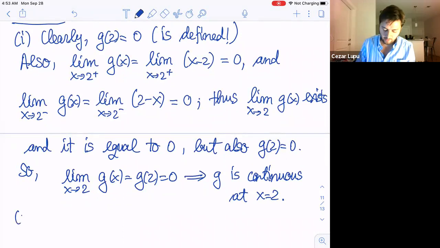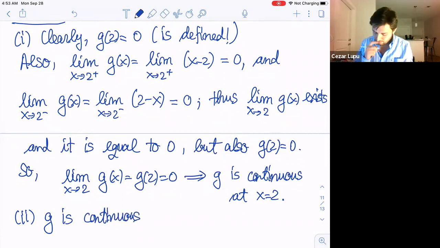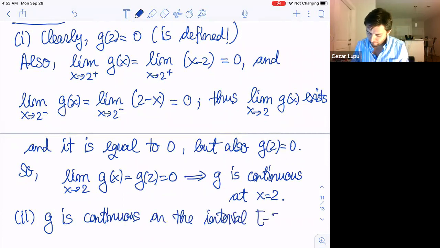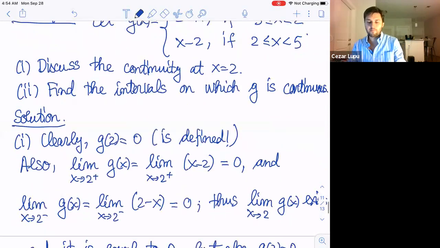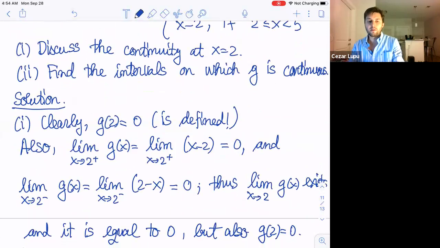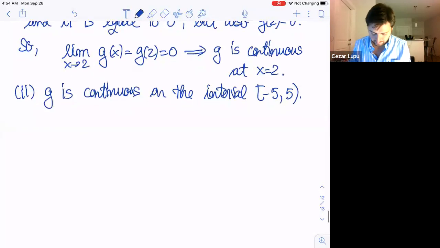So the second part will follow immediately. g is continuous on the interval [-5, 5), because it's not defined at 5, so we don't know what's going on. Anyway, that's it. Well, if we like, we can draw a picture for this, and let's do it.